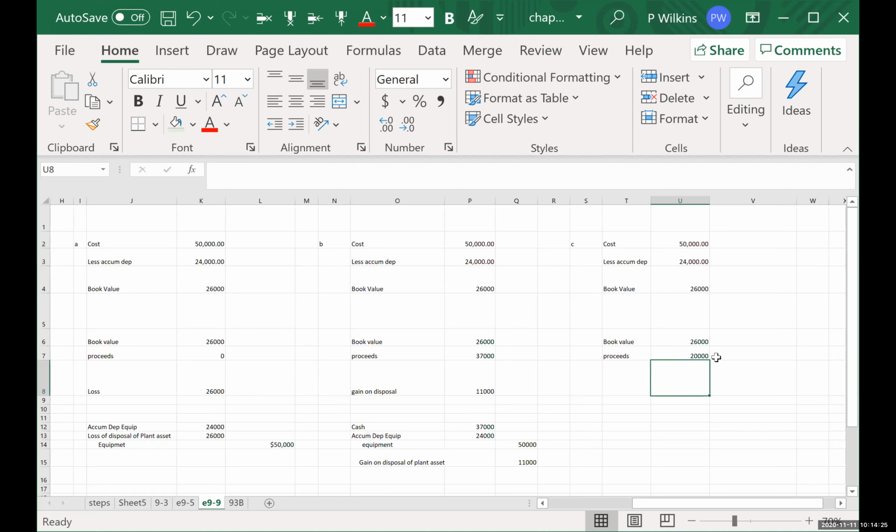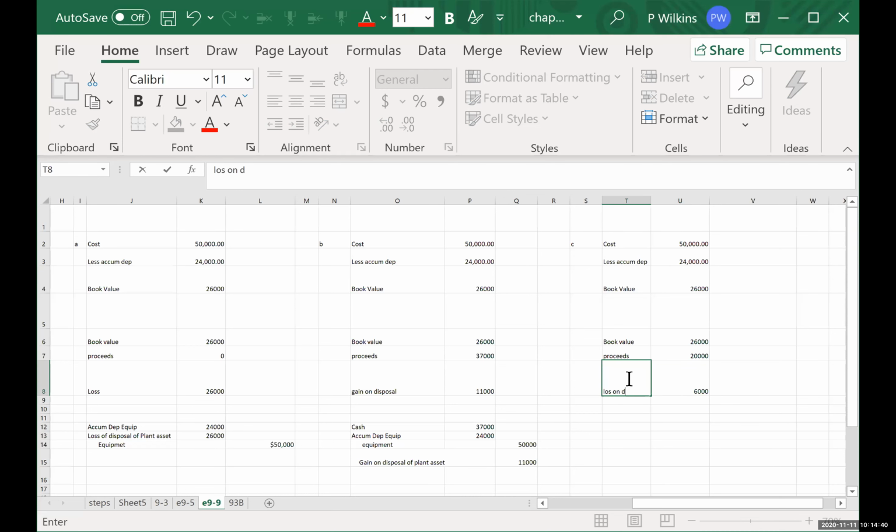So we have a book value of $26,000. We have proceeds or cash of $20,000. So that means the proceeds are less than the book value. So we have a loss of $6,000. So this is a loss on disposal of plant assets.